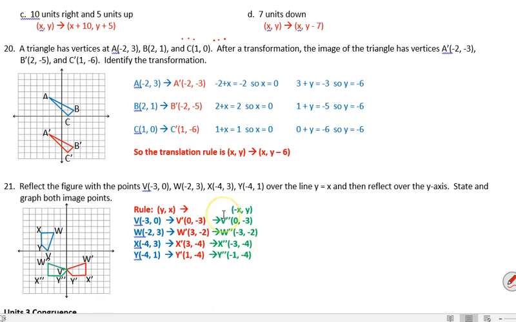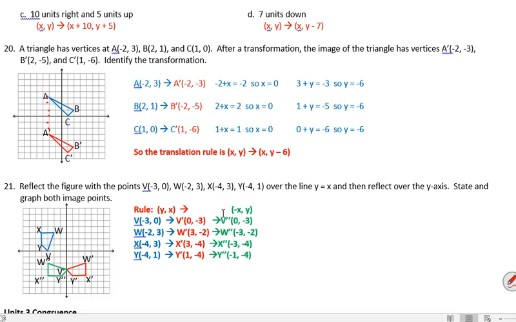Number 20, a triangle has vertices A, B, C. After the transformation, the image of the triangles has vertices A prime, B prime, and C prime. So an easy way to do this is go ahead and plot the points. You should be able to see immediately that this is a translation. We can do it manually by counting 1, 2, 3, 4, 5, 6 up, and it didn't move left or right.